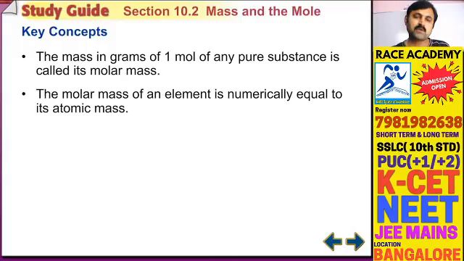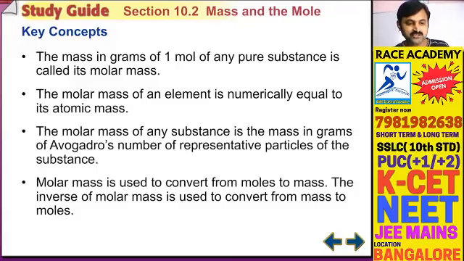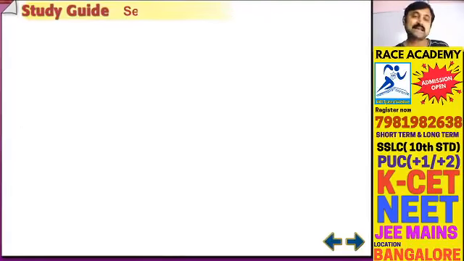The molar mass of an element is numerically equal to its atomic mass. The molar mass of any substance is the mass in grams of Avogadro number of representative particles of the substance. Molar mass is used to convert from moles to mass. The inverse of molar mass is used to convert mass to moles. That is what we have discussed in the second session.